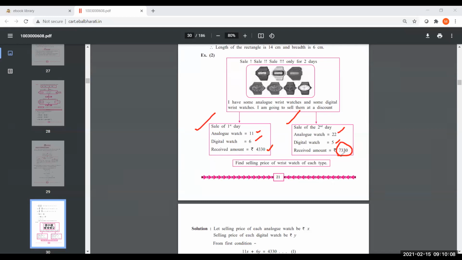So this was the description given. What do we have to find? We have to find the selling price of the wristwatches, both analog as well as digital. So let's see how to do this.